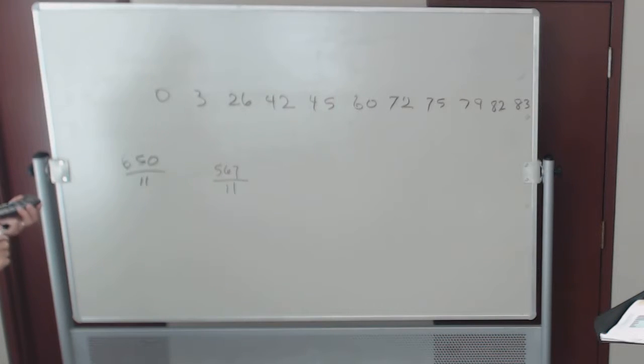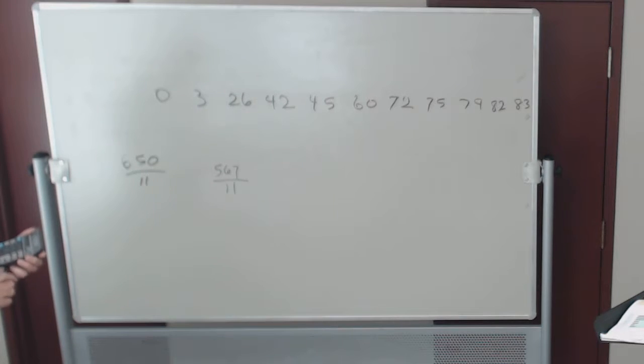83 plus 82 plus 79 plus 75 plus 72 plus 60 plus 45 plus 42 plus 26 plus 3 plus 0. Whoa, now I got 1,217. I got 567. I think when you push the equals button again, it does something. It added something again?